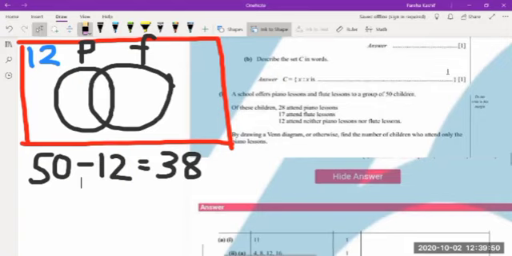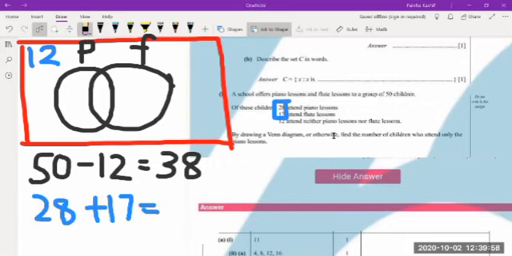But according to these statistics, we have 28 and 17. So 28 plus 17 gives us 45. So we know that 38 students are attending either piano lessons or flute lessons, but from this statistic, we can see there are 45. So it means that some students are attending both piano and flute lessons.